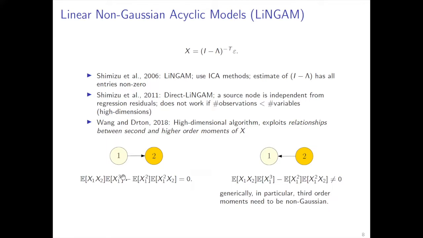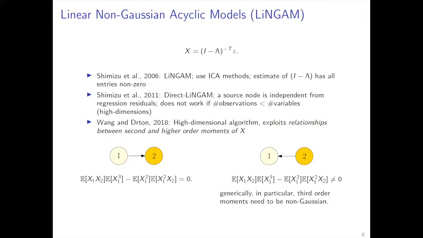And so this equation involves the second moments and the third moments. This is the expectation of x1 cubed, and here you have x1 squared and x2. So these are third order moments. This one is 0 in this case, and it's non-zero in this case. So you can actually tell which one it is, and it's non-zero generically. In particular, you need to be sufficiently non-Gaussian, because for Gaussians these third moments will be 0. So you have to be non-Gaussian enough that the third moments are useful. And you can also use higher moments. They don't have to be third. You can use fourth moments instead of third. This is just an example.